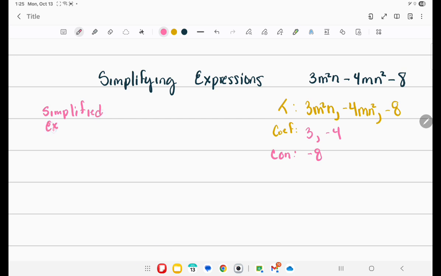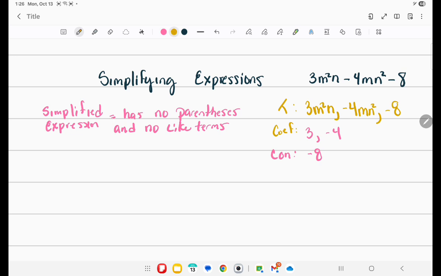A simplified expression has no parentheses and no like terms. Now, you know simplify means give me the answer. But when you have an expression, it means you can't have any parentheses in there and there can't be any like terms.